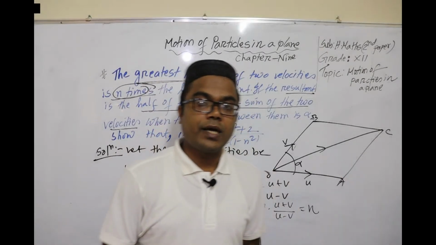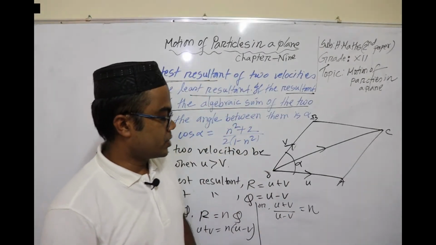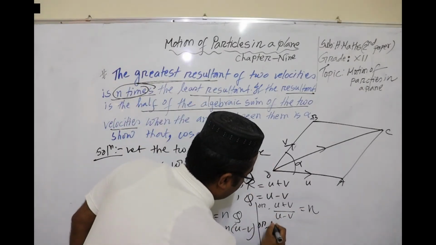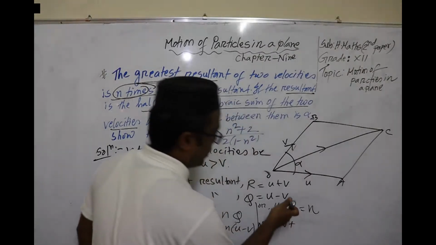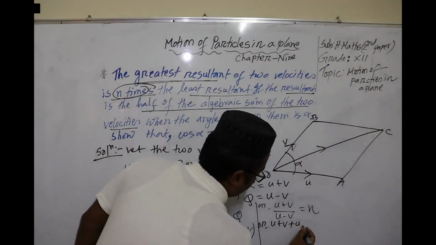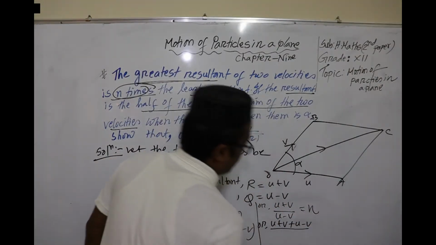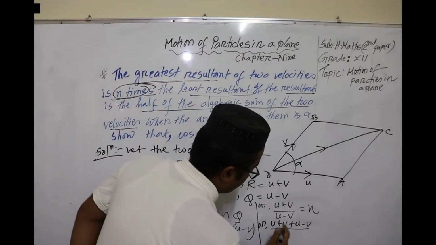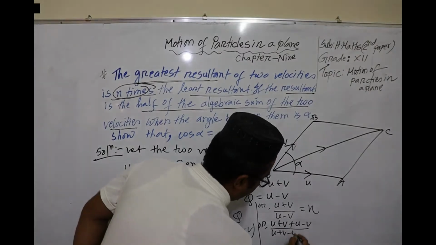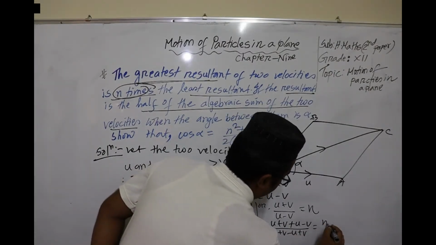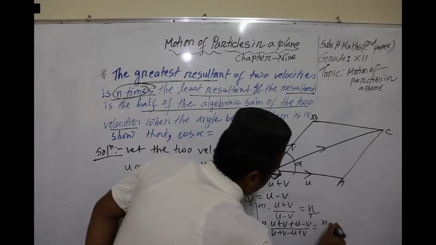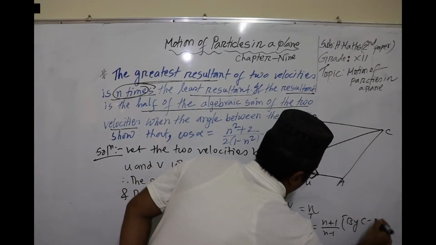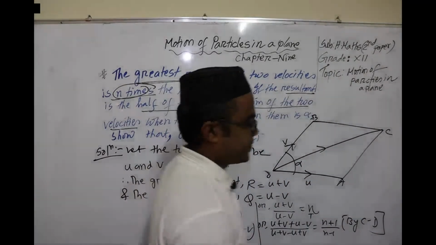Now by using componendo and dividendo, you will get u by v. Componendo and dividendo: numerator plus denominator. You have studied ratio and proportion in grade 9 also in the book. So (u plus v) minus (u minus v) gives n plus 1 divided by n minus 1, by componendo and dividendo.